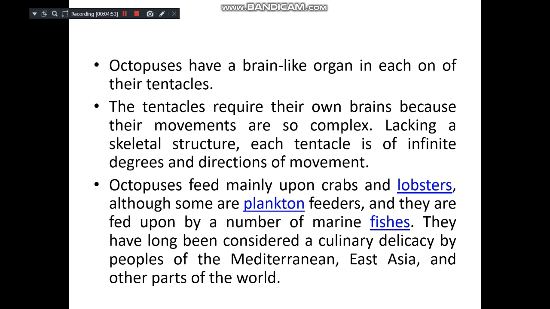Tentacles can turn in infinite degrees, and thus it becomes directions for the movement. As I have already put it, octopuses feed mainly on crabs, lobsters, although there are some which can feed on the phytoplankton.